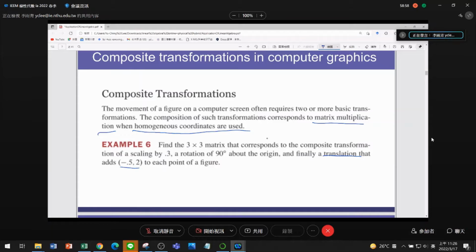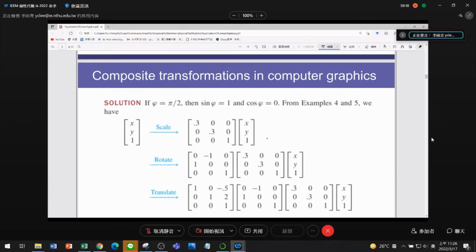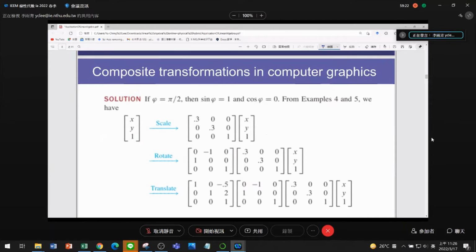So we're actually compositing 3 transformations, with the first step, step 1, this scaling, step 2, rotation, and then step 3, translation. We need to do 3 of them, and then we need to perform it on the homogeneous coordinates.